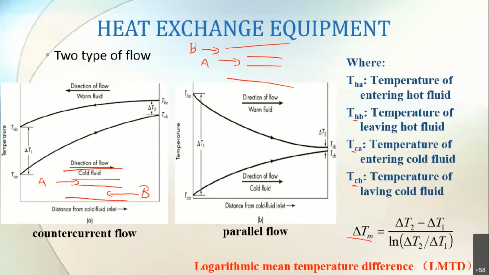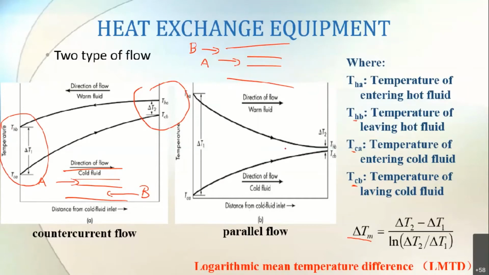So LMTD is equal to delta T2 minus delta T1 over ln of delta T2 over delta T1. You have to be able to identify what is delta T2 and what is delta T1 based on your type of flow. So if you have counter current, this is your delta T2 and this is going to be your delta T1.